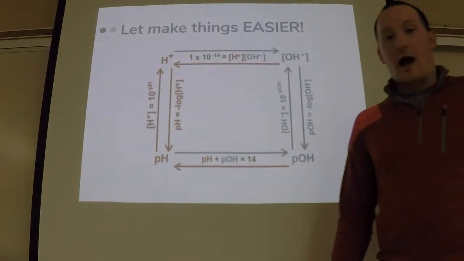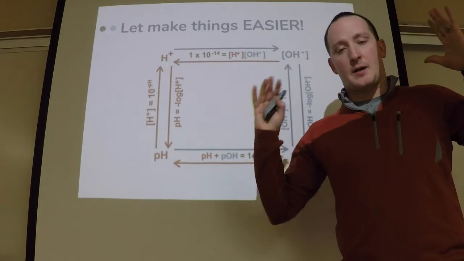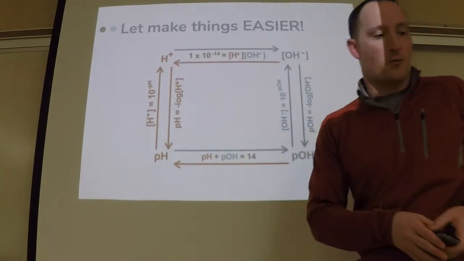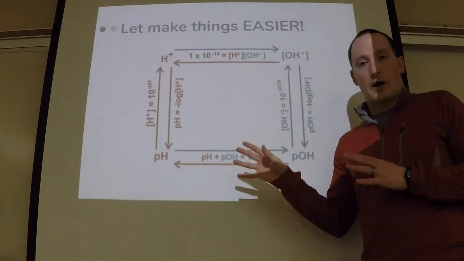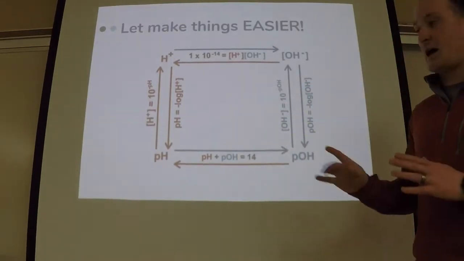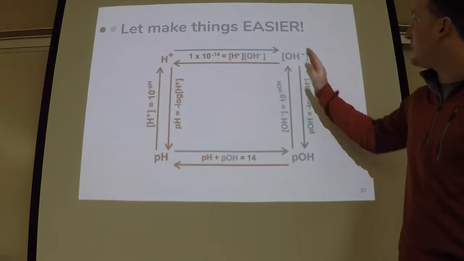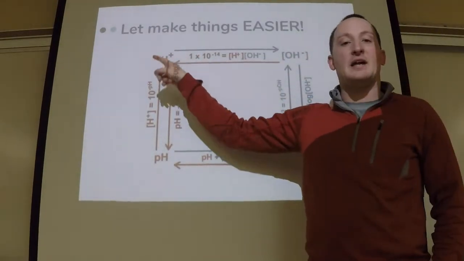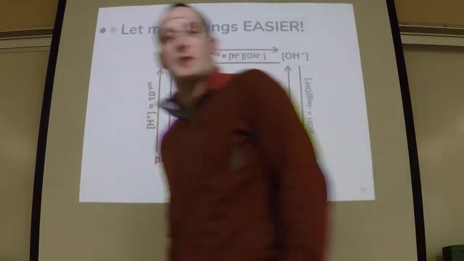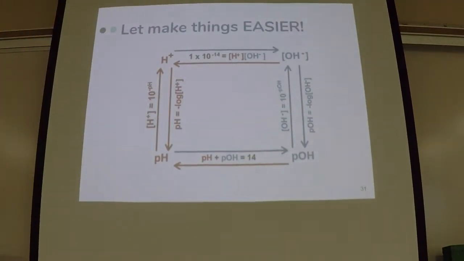So, how am I going to make this easier? You might be like, I am completely overwhelmed. So, here's what I want you to look at. This square can be used for any calculation from pH to pOH to OH minus and to H plus. So, let's say that I had my H plus concentration, and I'm going to put the screen up just so I can talk to you about it.